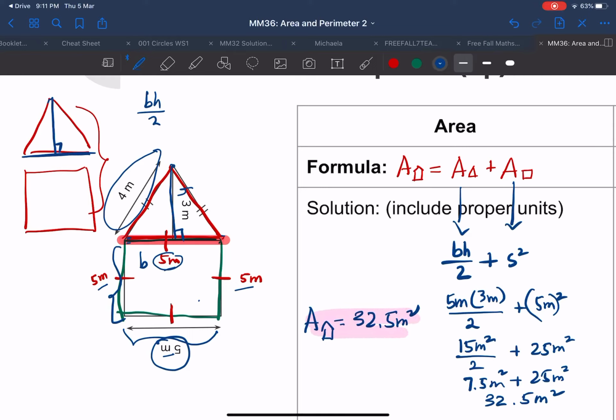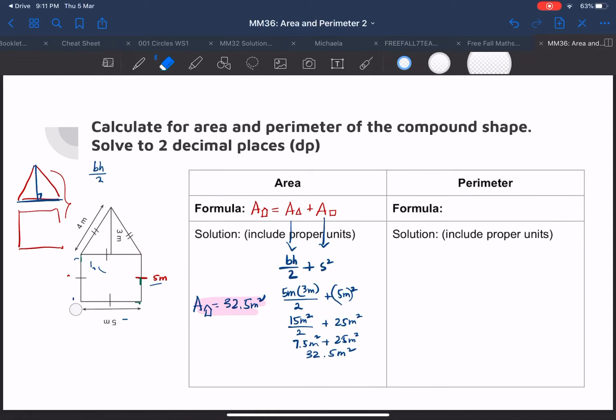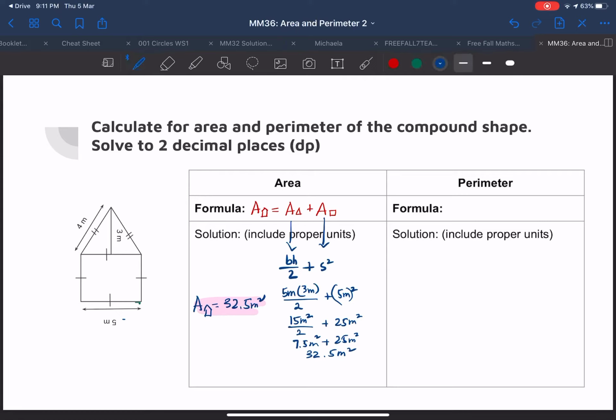Now, let's calculate the perimeter. If you look at this shape, I'm going to erase everything so you can see the shape clearly. The perimeter is the outline of the shape. So if you look at it, the shape has 1, 2, 3, 4, 5 sides.